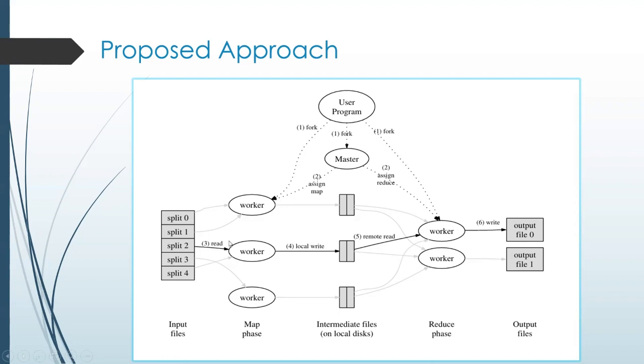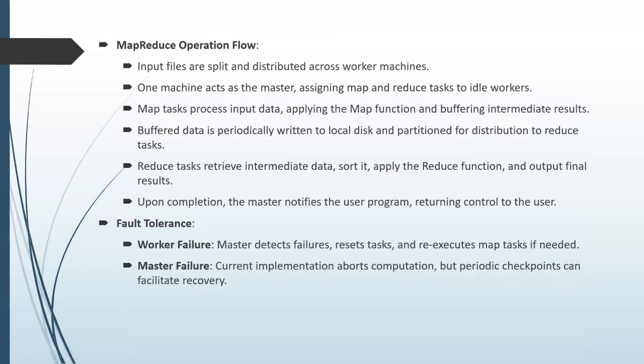Any map task completed by the worker is reset back to the initial idle state, and therefore becomes eligible for scheduling on other workers. Similarly, any map or reduce task in progress on a failed worker is also reset to idle, so it also becomes eligible for rescheduling. So fault tolerance is hence solved in MapReduce.